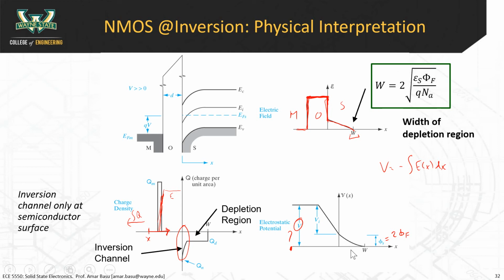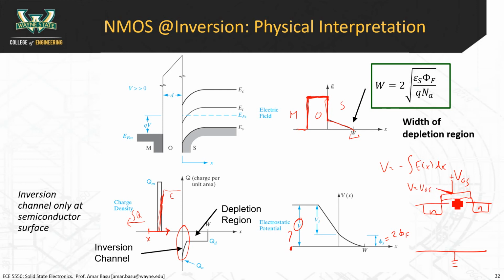Okay, so what I mean by voltage drop is this. This is your gate material. So you have a positive VGS being applied here, and then you have your substrate here. So up here, the voltage is going to be equal to VGS at the top.